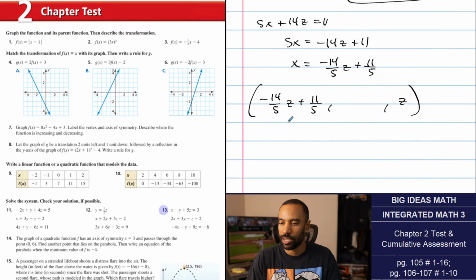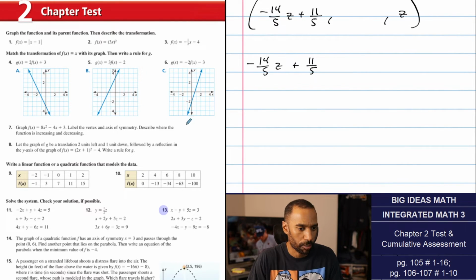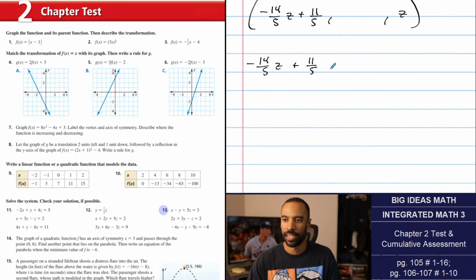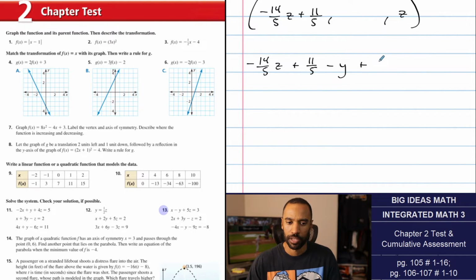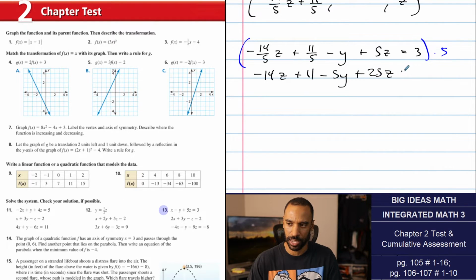Negative 14 fifths z plus 11 fifths, minus y plus 5z equals 3, from the original problem. Now, if I multiply everything here by 5, that'll help bust some fractions. So now I get negative 14z plus 11 minus 5y plus 25z equals 15.